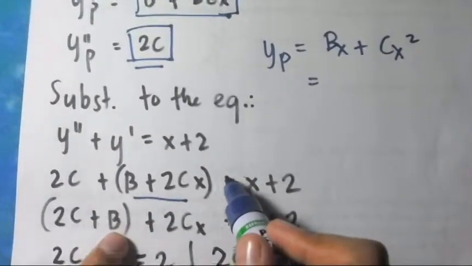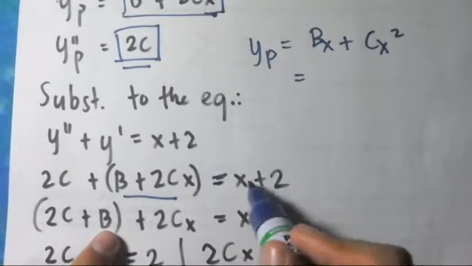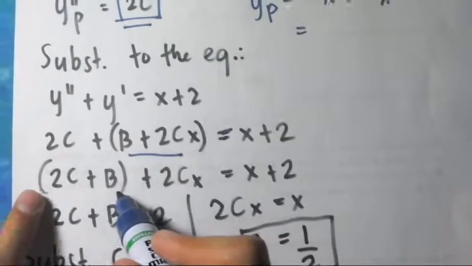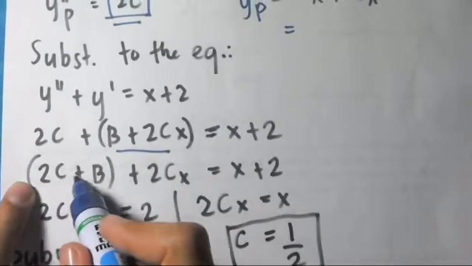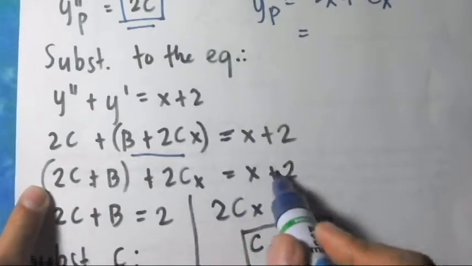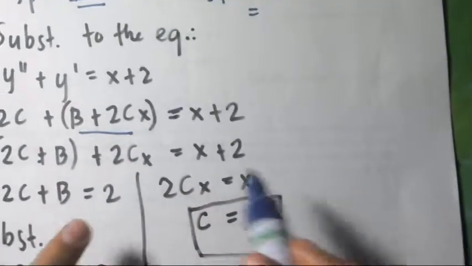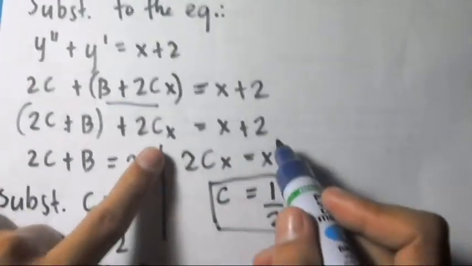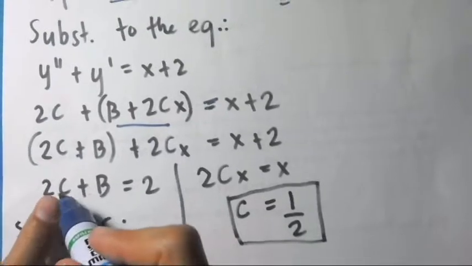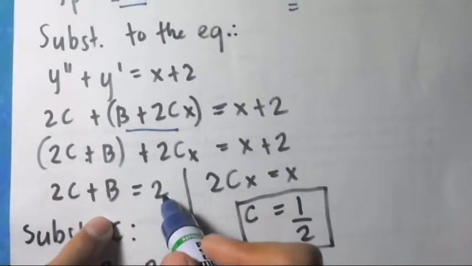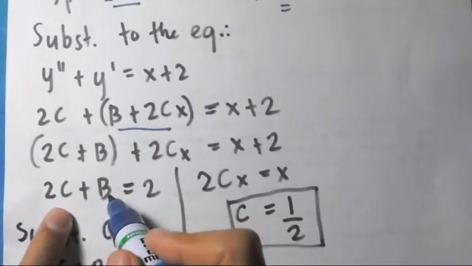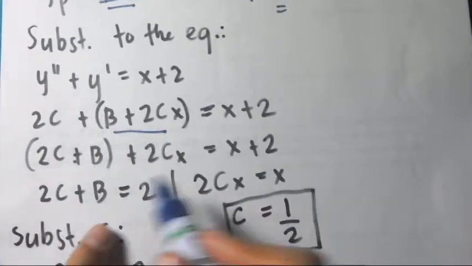And now, let's equate this to x plus 2. By collecting like terms, we now have 2C plus B plus 2Cx equals x plus 2. By seeing this equation, we must collect like terms. As we know that C and B are constants, we equate the constants together.